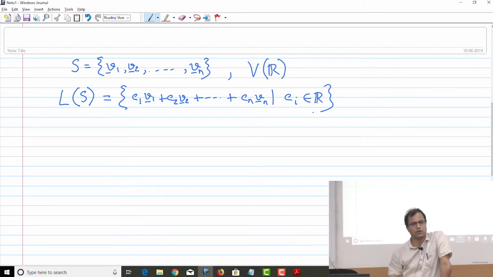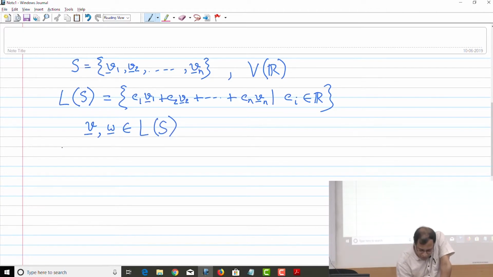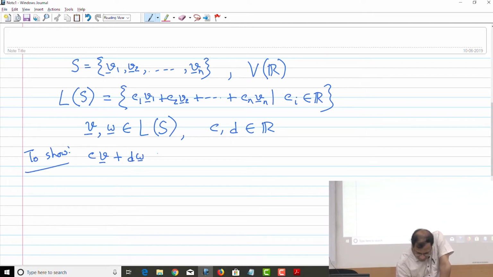In other words, I consider two vectors, v from L(S) and w from L(S), take two scalars c and d belonging to R, and show that cv + dw belongs to L(S).